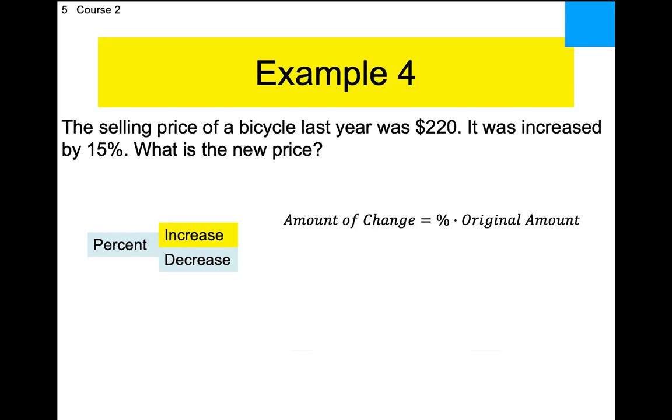Last year was $220, so that would happen first. That would be $220. What I don't know is this one. But we have to do big minus small. Which number is bigger, the first price or the last price if it's an increase? This one will be bigger than this one. That's why it's X minus 220.